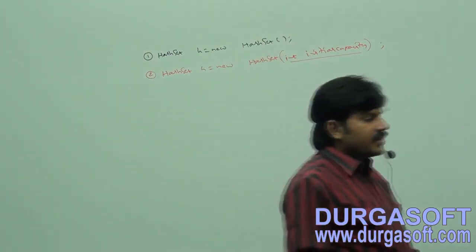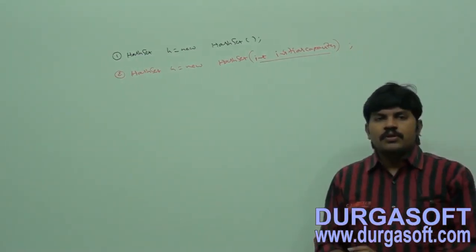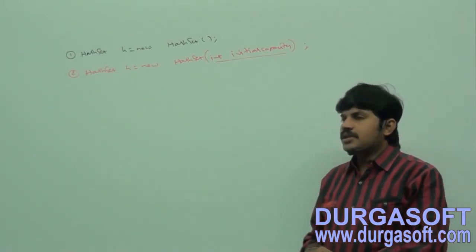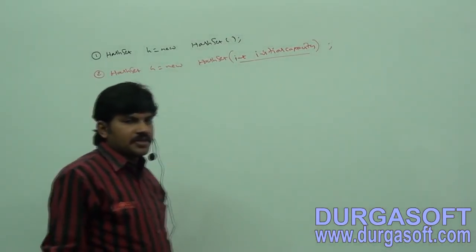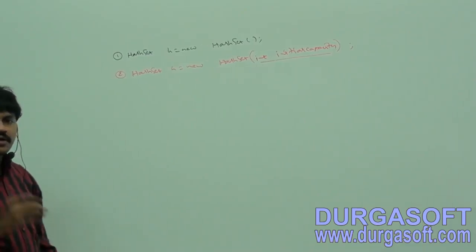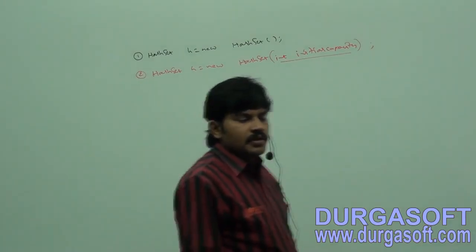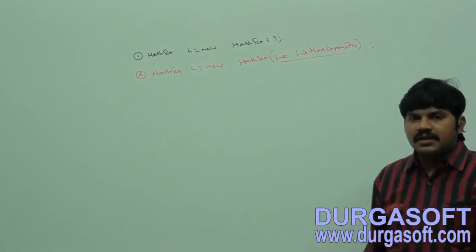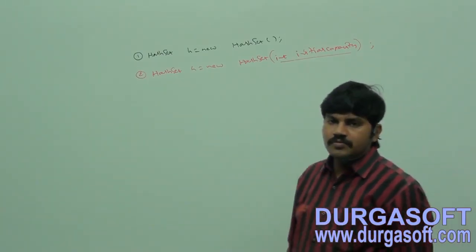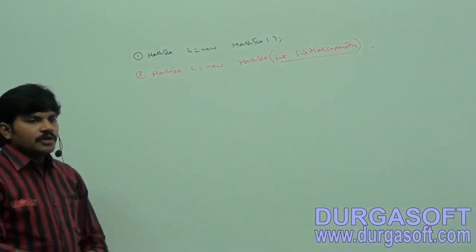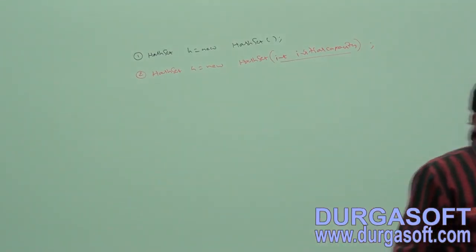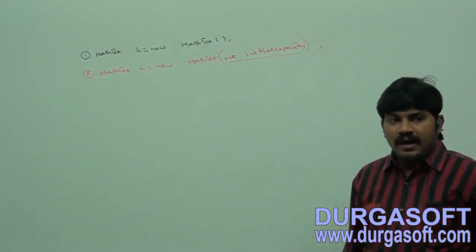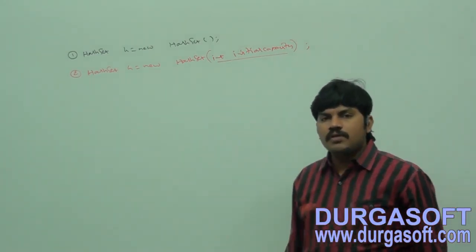HashSet h = new HashSet(int initialCapacity) creates an empty HashSet object with the specified initial capacity and the default fill ratio.